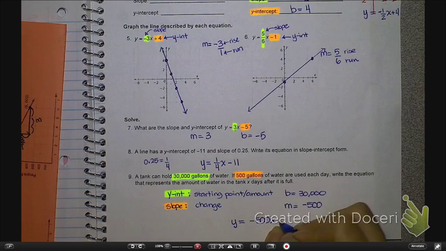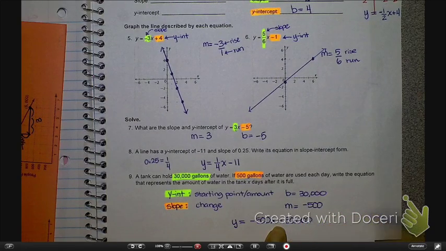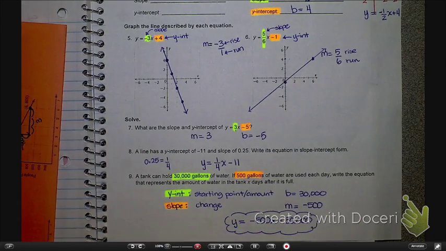The y-intercept, 30,000. So here's your equation of your line in slope-intercept form. Does that make sense, how we figured that one out? Yes. Okay. Are there questions so far on what we did here?